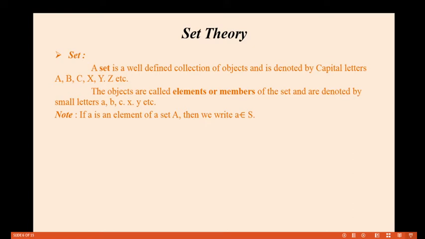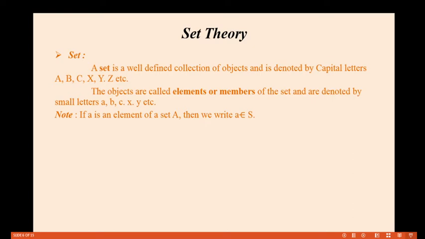Suppose your mom told you to bring flowers. So what will you do? You bring only flowers, or you bring flowers along with the apple? No. You bring only flowers. That means you are bringing the objects following the same property.